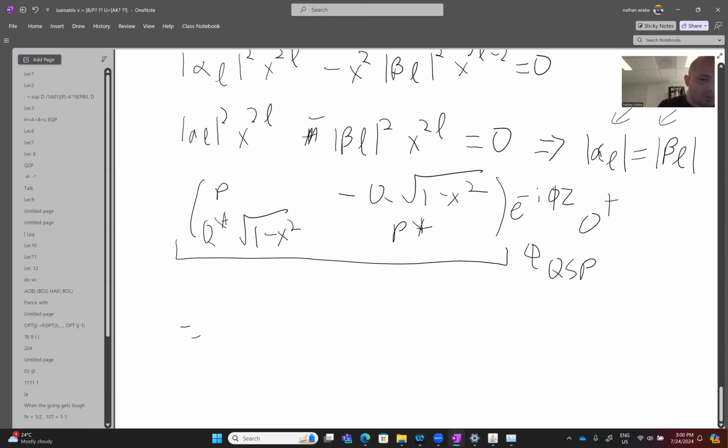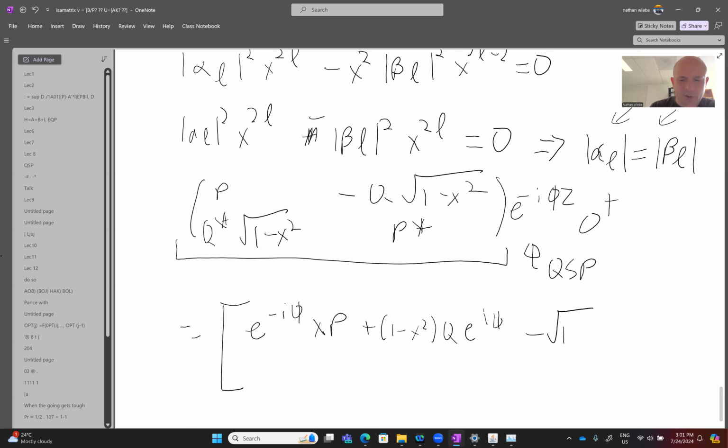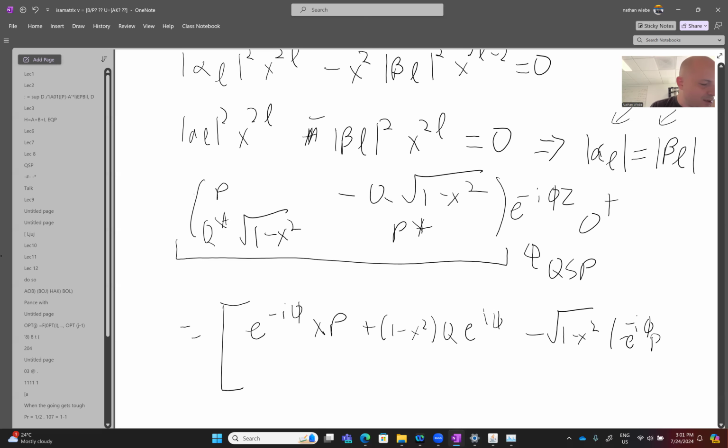Now, just doing the 2 by 2 matrix multiplications, we end up getting e to the minus i phi, x P plus square root of 1 minus x squared Q, e to the i phi, and square root of 1 minus x squared, negative e to the minus i phi P plus x Q e to the i phi.